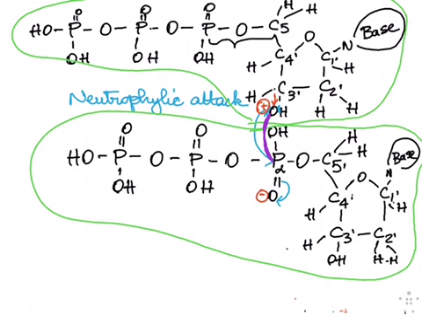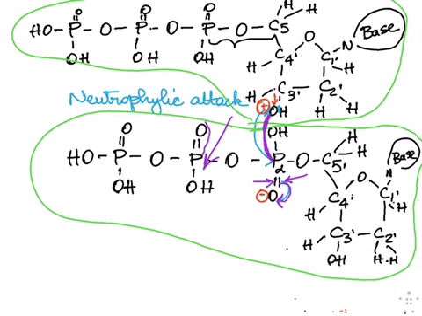This double bond is lost, but then it gets reformed. It gets lost when the pair of electrons migrate to the oxygen. As this double bond gets reformed, what happens?